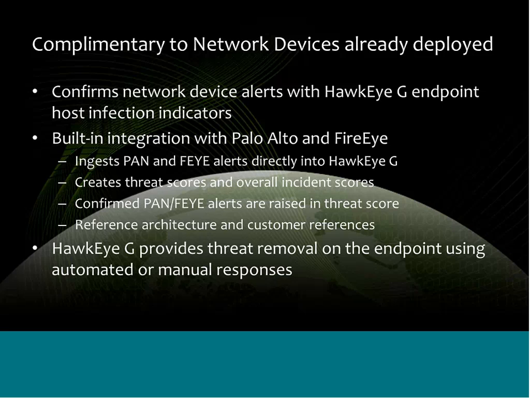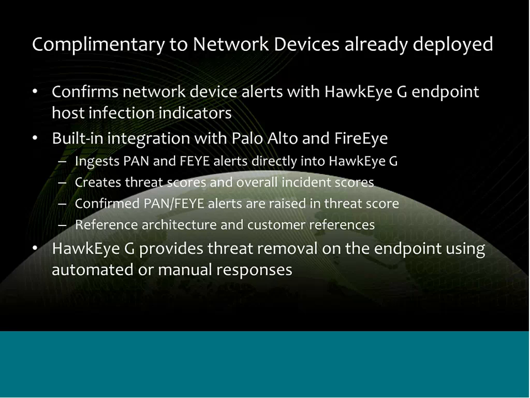So we built HawkEye G to be complementary to network devices. You don't have to replace your firewall. You don't have to replace your sandbox. We integrate with it. We sit alongside of it in SPAN mode or inline mode. The endpoint is very lightweight. It gets deployed to your hosts, and we confirm network device alerts with the HawkEye G endpoint host infection indicators.